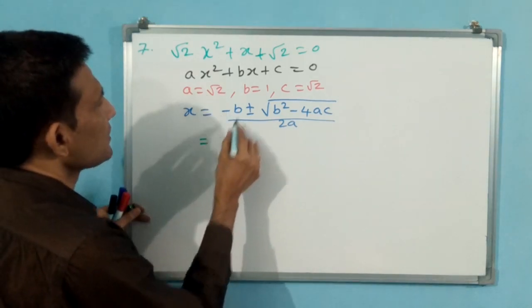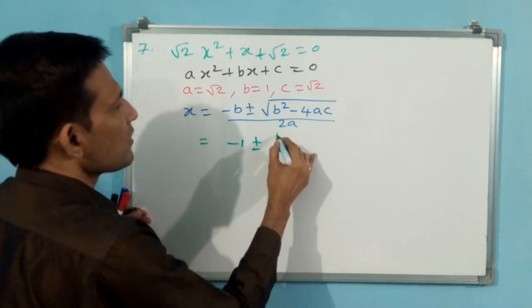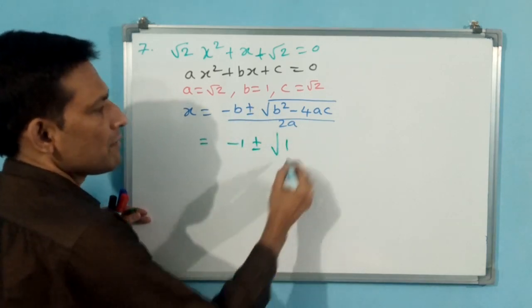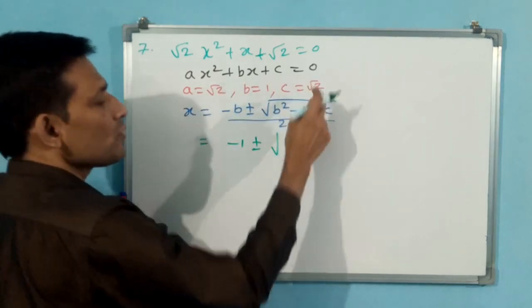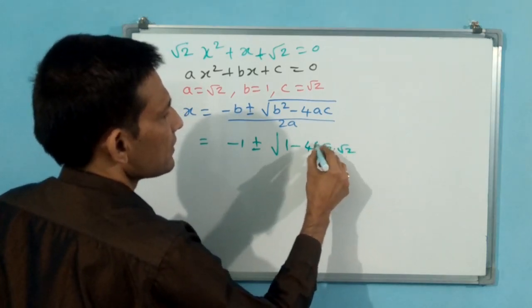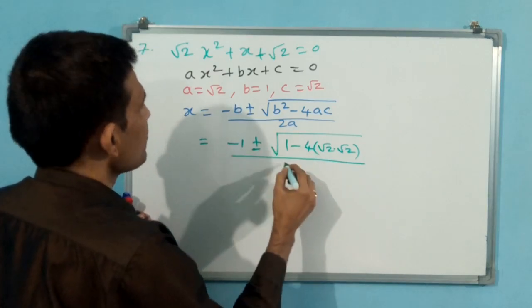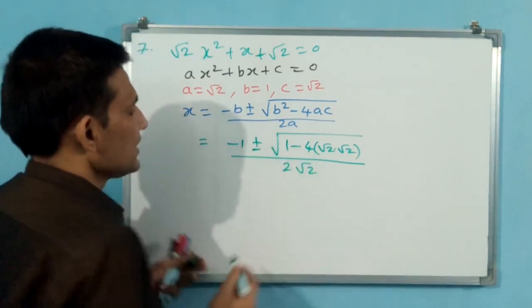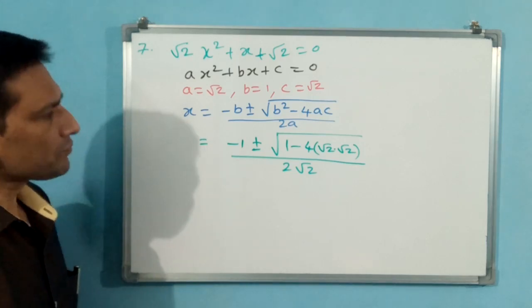Now you see, minus b means what? Minus root 2. Sorry, minus 1. Minus 1 plus or minus square root of b square, 1 square, 1 minus 4 into a into c. See, root 2 into root 2. You write root 2 into root 2. Then 2a, 2 root 2. Is it okay?